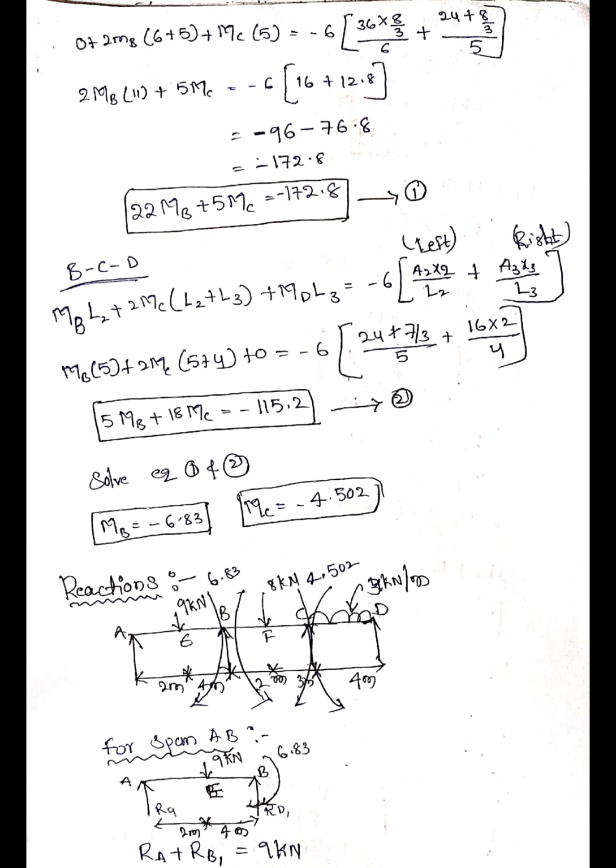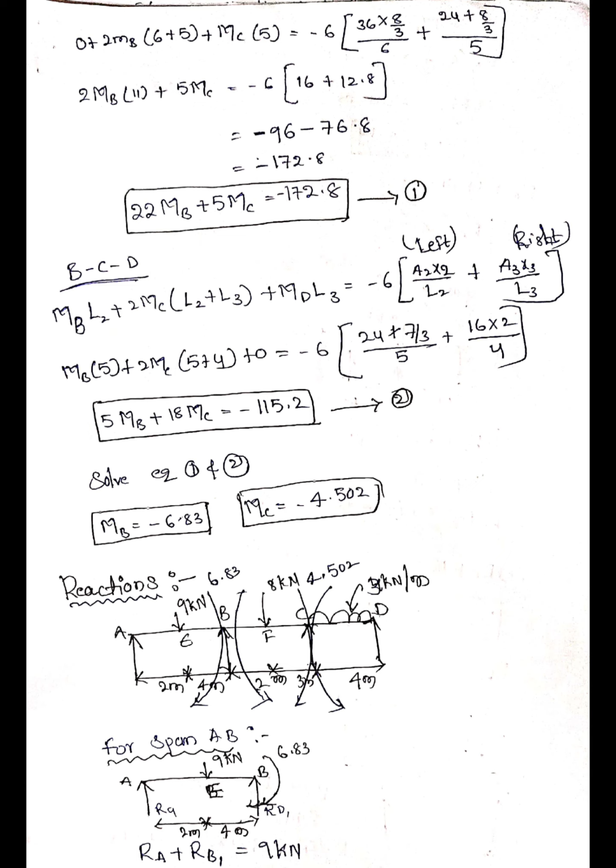We know that MA equal to 0. Instead of A1 X1 bar left, we substitute 36 into 8 by 3, and instead of A2 X2 bar right, we substitute 24 into 8 by 3. On simplifying, we get 22 MB plus 5 MC equal to minus 172.8. Let this be equation number 1.